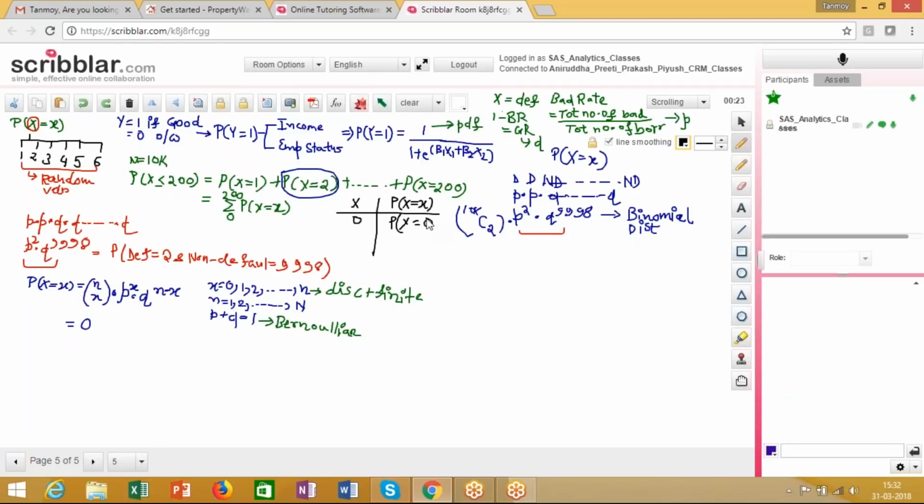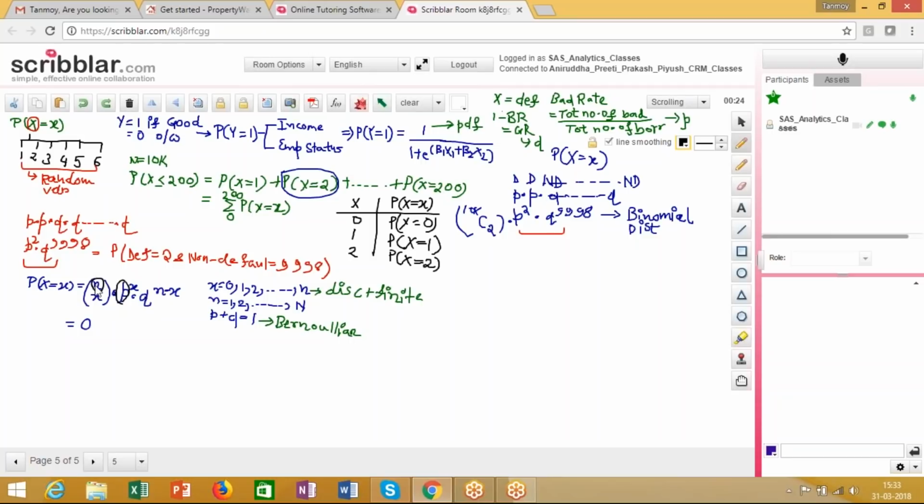So x equal to 1 can be computed, x equal to 2 can be computed, and so on, given that the number of trials and the probability of success are available to you.